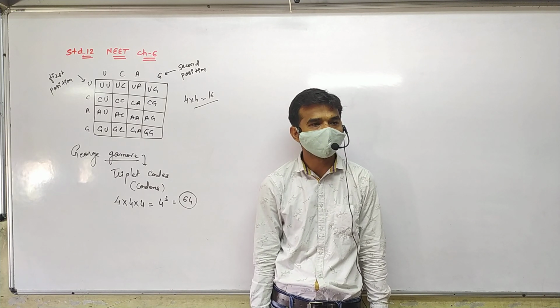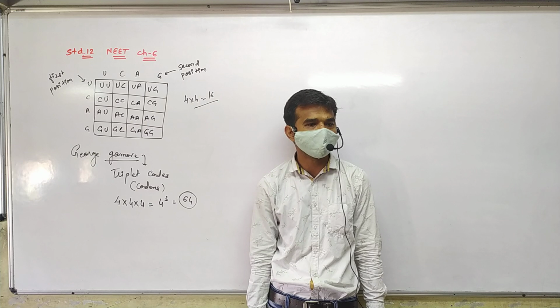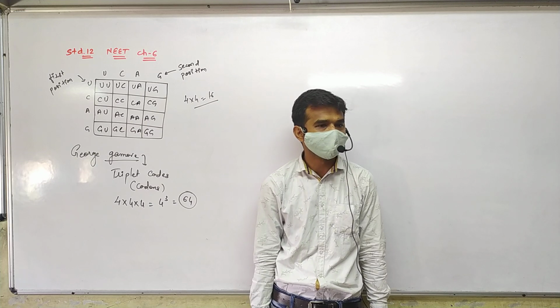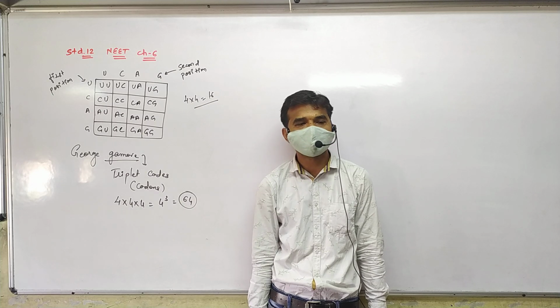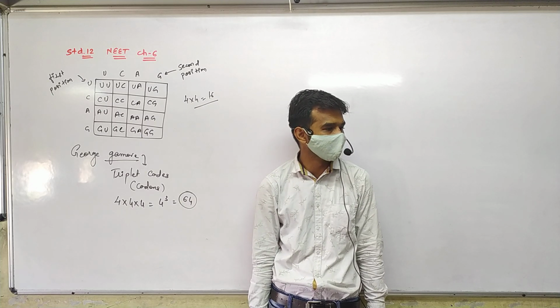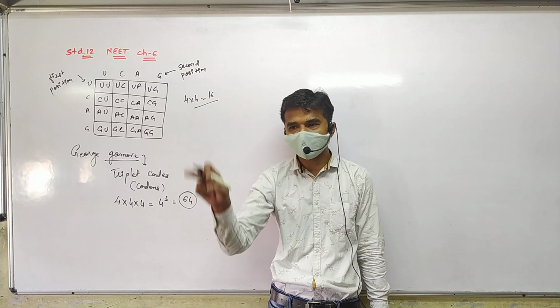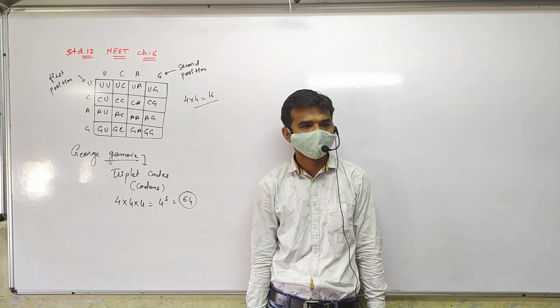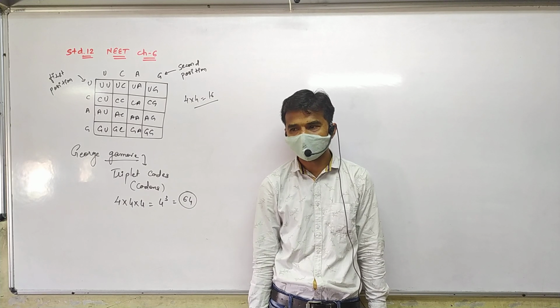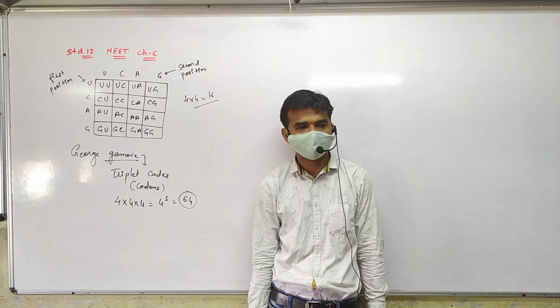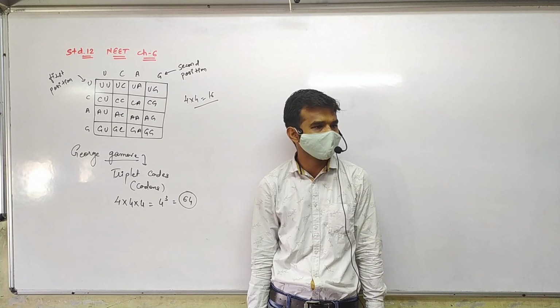For the checkerboard, UCAG code is there. On the first column, UCAG is in the first position. On the upper row, UCAG is in the second position. And on the right side of the page, from your side, UCAG code is there.